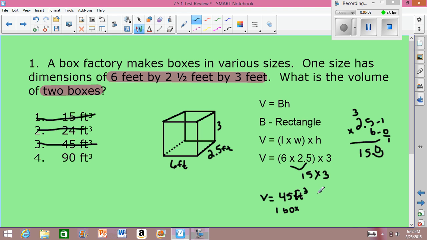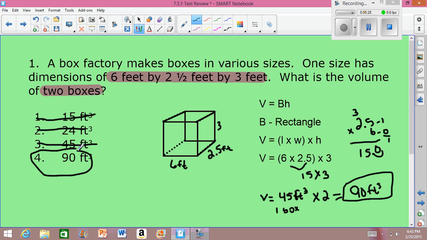So we take 45, we multiply it by 2 for the 2 boxes, and we get a total of 90 feet cubed. So 90 feet cubed is the answer to number 1. That is answer 4. All right, pause here. Get any work that you need to get for this problem.